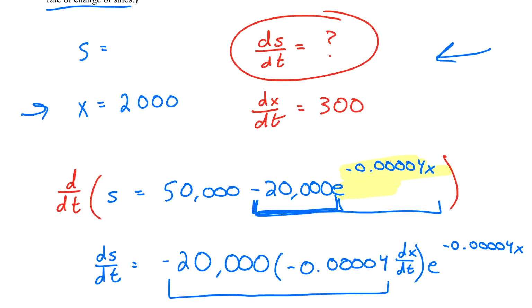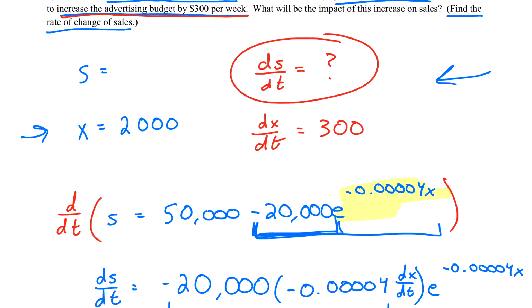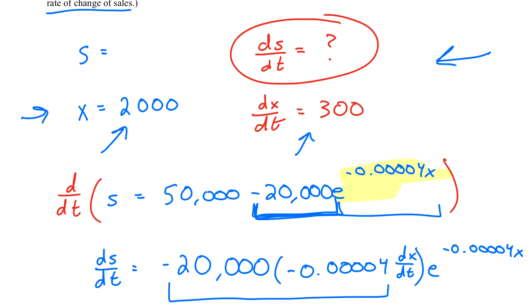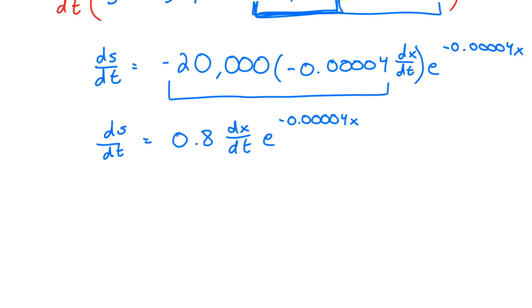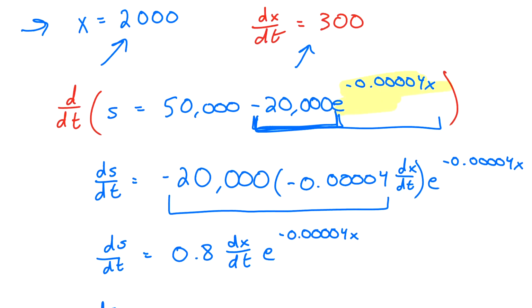If I go back and look at what I started this problem with, we said x was equal to 2,000, so we can plug that in for x. We said dx over dt is equal to 300. We can plug that in for our derivative. And we're solving for ds over dt. That's what we're trying to find. So ds over dt is equal to 0.8 times dx over dt. I've already forgotten what that is.